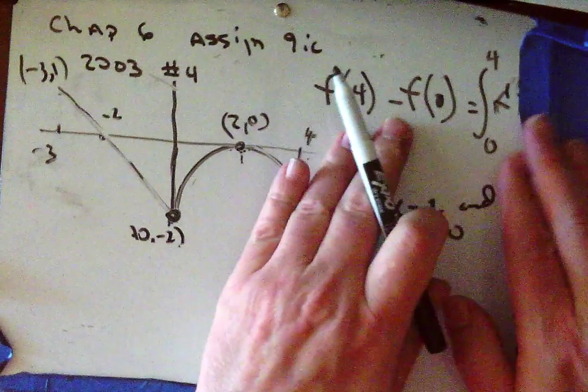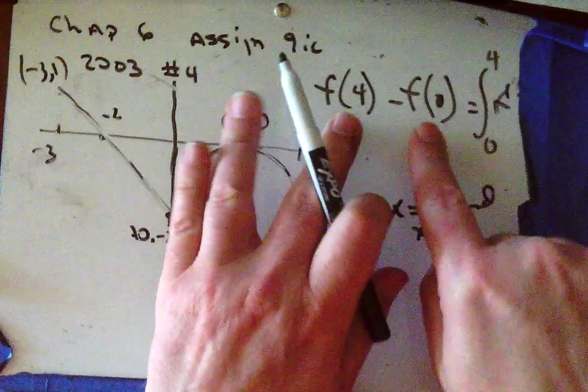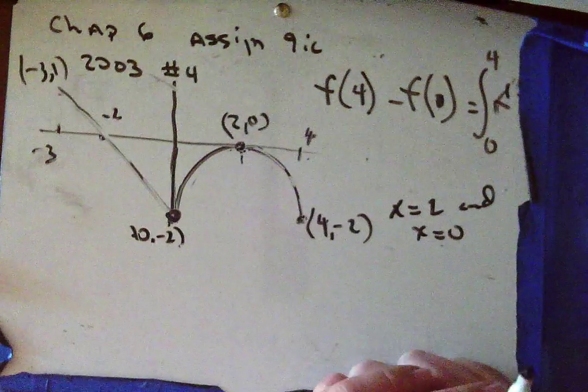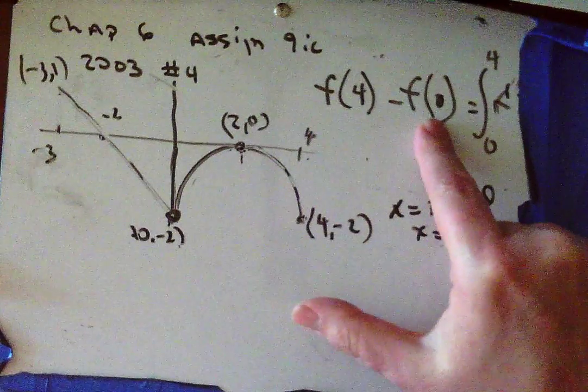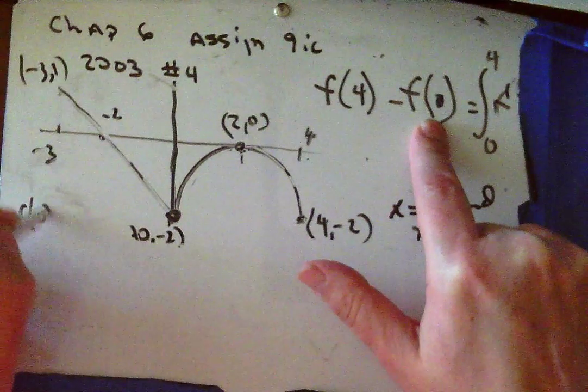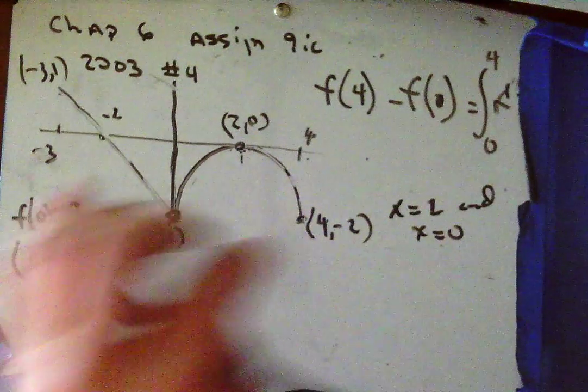Right? This is FTC2. If I integrate f prime, I go back and evaluate the antiderivative at those endpoints. And we were given f of 0, weren't we? That's right. F of 0 we were told was equal to 3. That's what this was. So I'm going to plug a 3 in here.